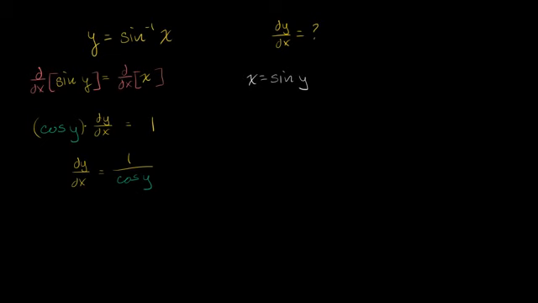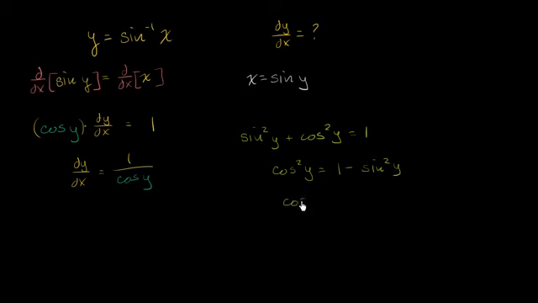Well, we know from our trigonometric identities that sine squared of y plus cosine squared of y is equal to 1. Or, if we want to solve for cosine of y, subtract sine squared of y from both sides, we know that cosine squared of y is equal to 1 minus sine squared of y.